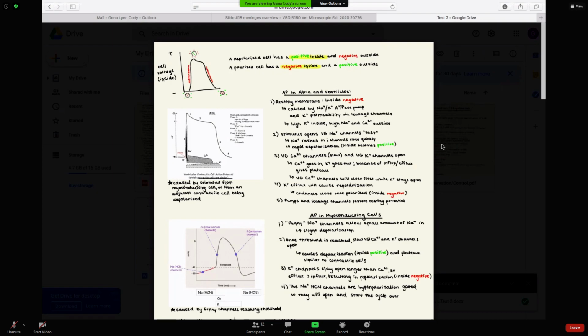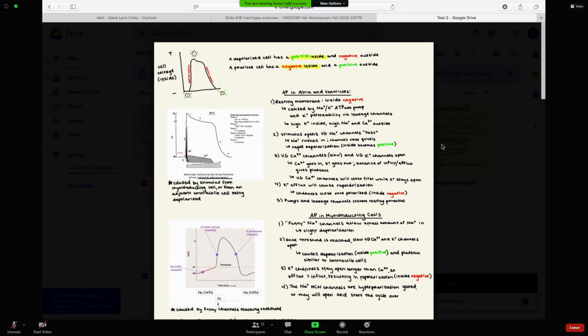The two different types of action potentials in cardiac cells refer to the two different types of cells you're talking about. You've got your myoconducting fibers or myoconducting cells, and those are the modified ones that can generate electrical impulses.